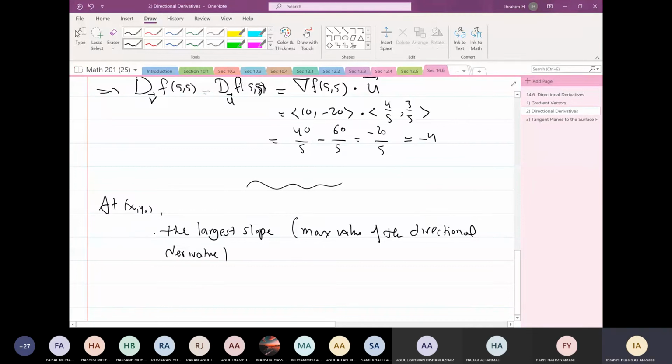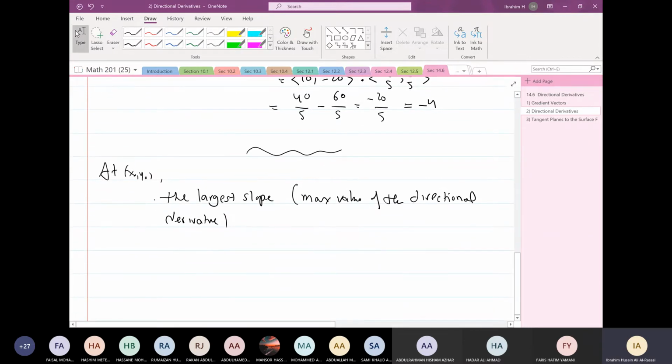Okay, the largest slope or maximum value of the directional derivative, or also, in Math 101, derivative means rate of change. We can say what is the maximum rate of change. Largest slope, maximum value of directional derivative, maximum rate of change. They all give us the same thing.